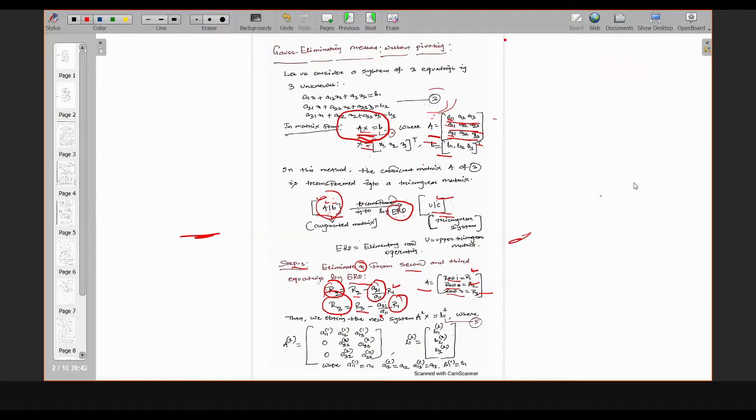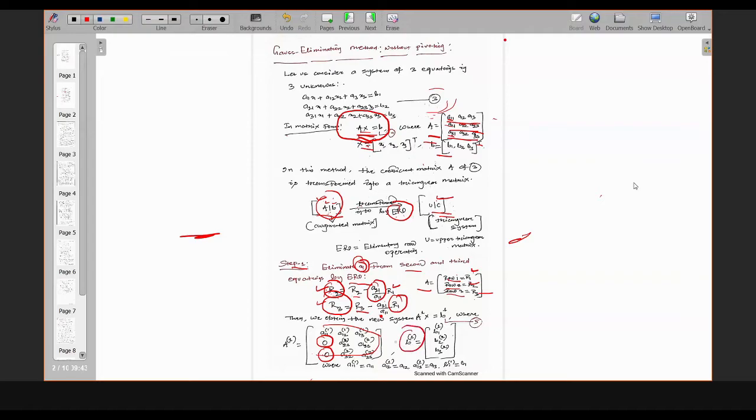After applying these elementary row operations, the main idea is to eliminate x1 from the second and third equations of this system. So I got 0, 0 here, and the resulting matrix is in this form, which is given here.